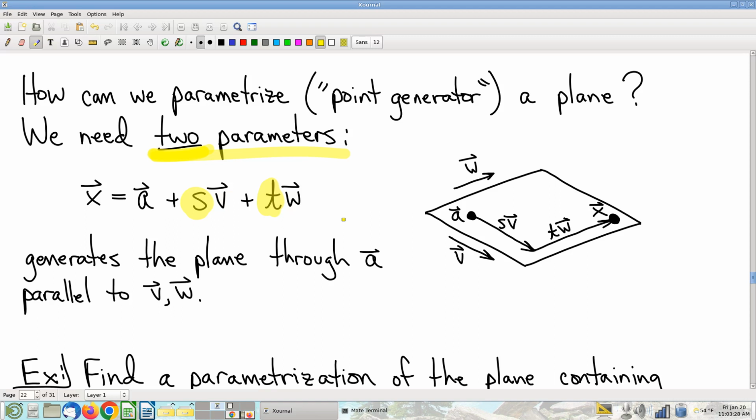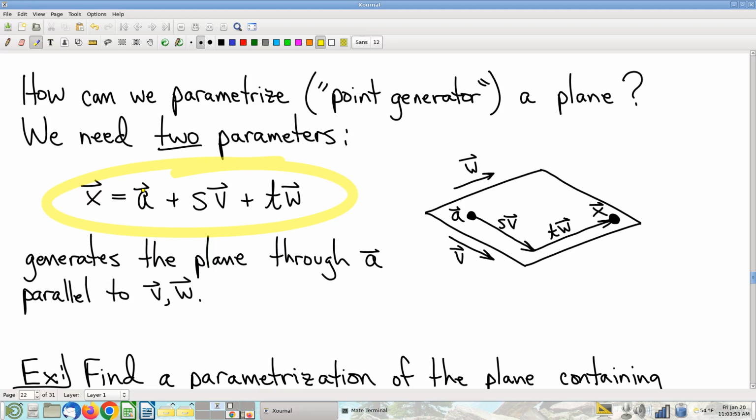Now, of course, the difference is in the homework exercise, they asked you to describe the points on just a parallelogram. Now, a parallelogram is part of a plane, and so part of your answer is going to be to write this down, yes. But the additional thing that you have to think through is, how do I cut this down to describe just the parallelogram that was given?